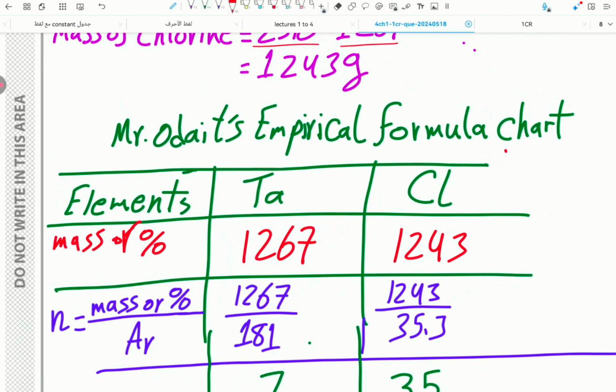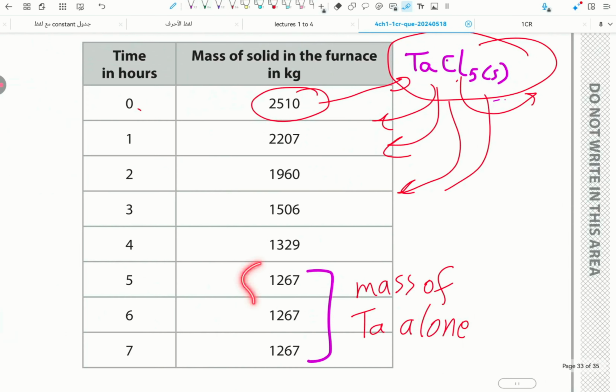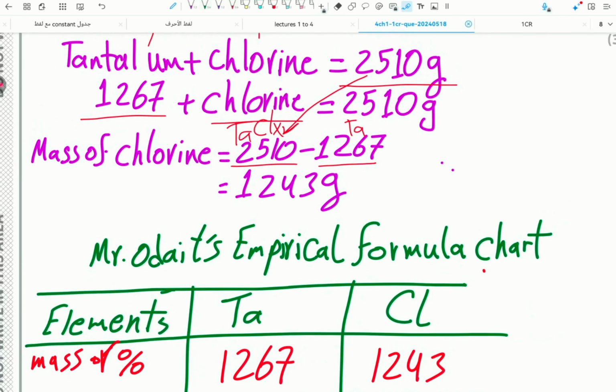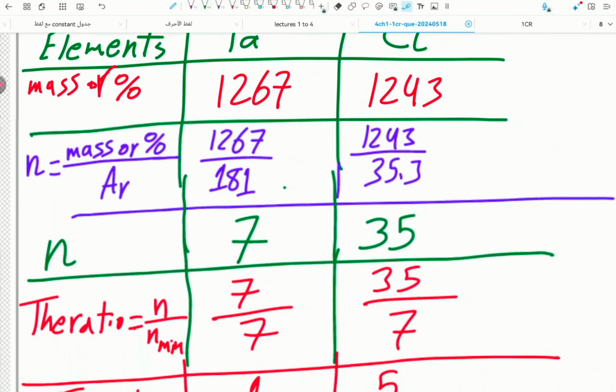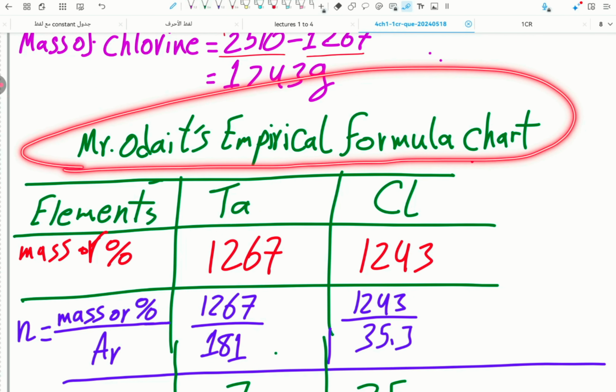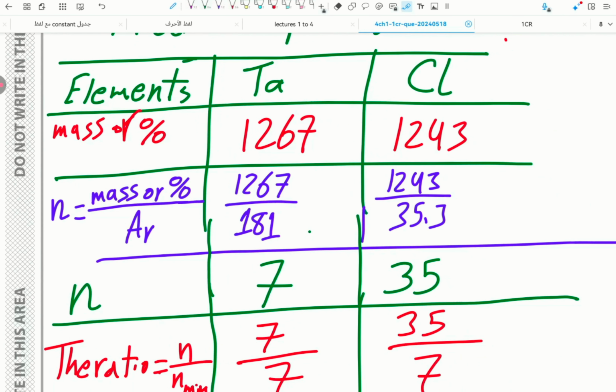This is the mass of tantalum, which we got from the data of the chart, and this is the one we calculated after we subtracted the tantalum from the whole mass. Now, what are the steps of Mr. Udait's empirical formula chart? As you know, these masses or percentages are given in the question. This we calculated. Now we divide them over the Ar.